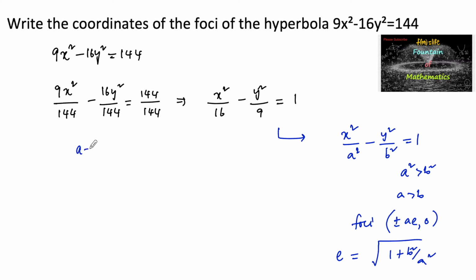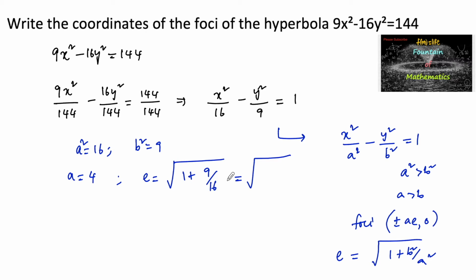So here a square is equal to 16, b square is equal to 9, so we can consider a is equal to 4, and eccentricity e is equal to under root of 1 plus b square, that is 9, upon a square, 16, which is root over 16 plus 9, 25 upon 16. So the eccentricity of the given hyperbola is 5 upon 4, and we consider the positive value since eccentricity is greater than 1.